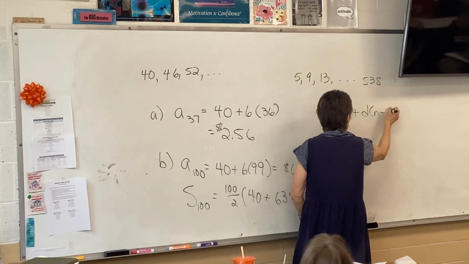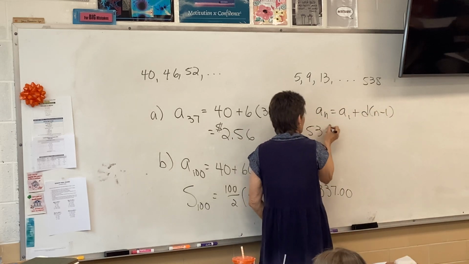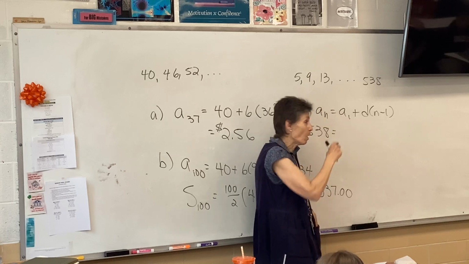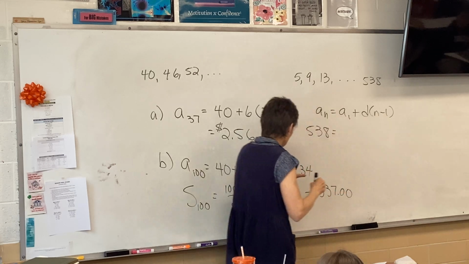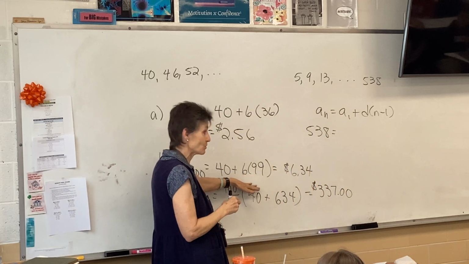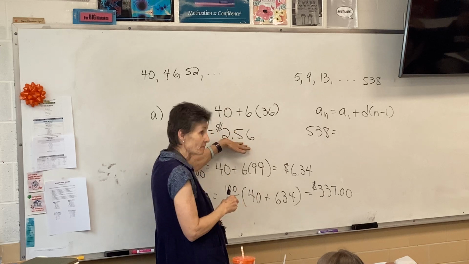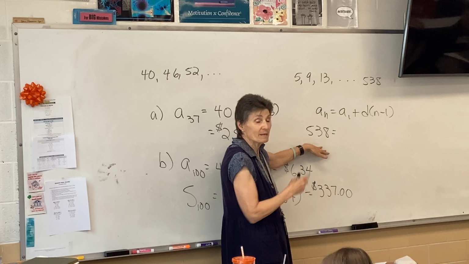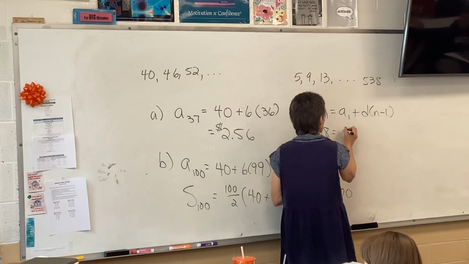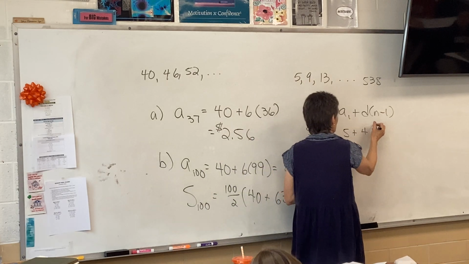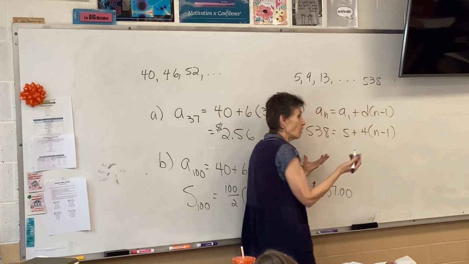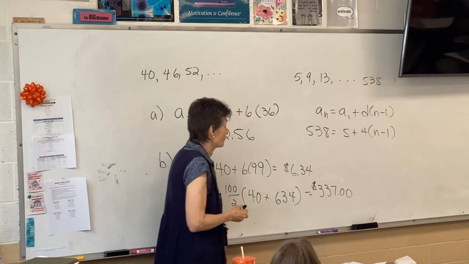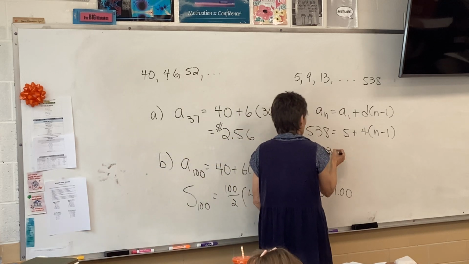And I want to know, is 538 going to end up being an answer to one of these problems? Like 634 was an answer here, and 256 was an answer here. Will 538 be an answer? Well, the first term is 5, the common difference is 4, and I'm going to solve that. I'm going to see what that answer is. So I'll subtract 5.